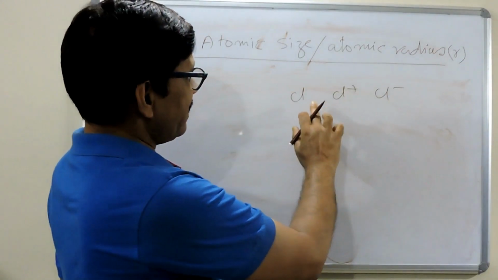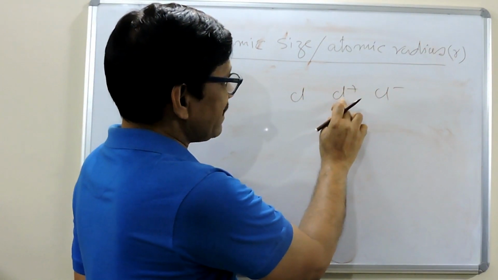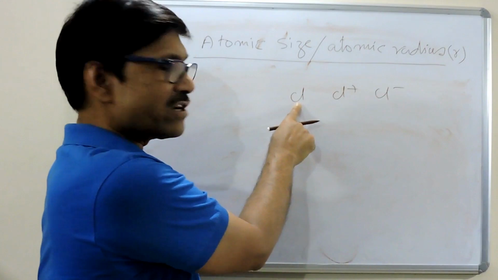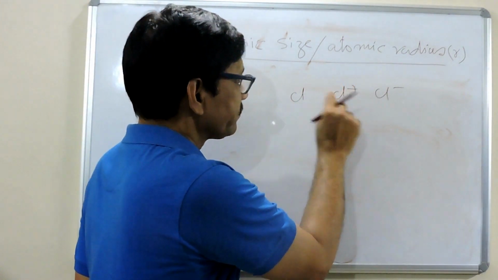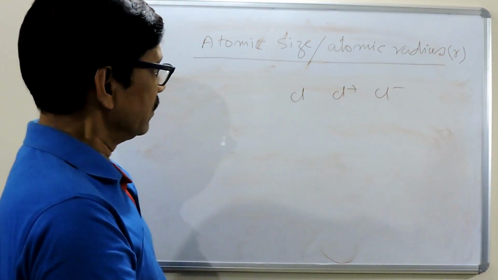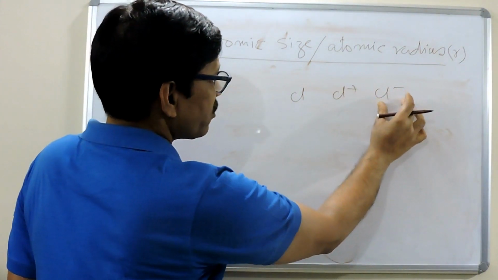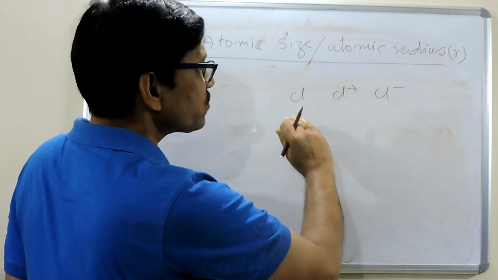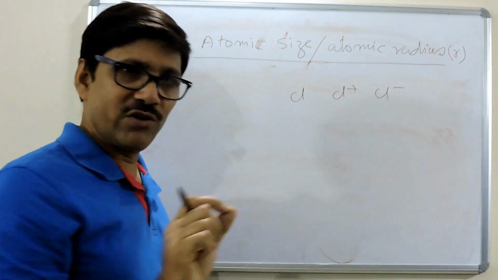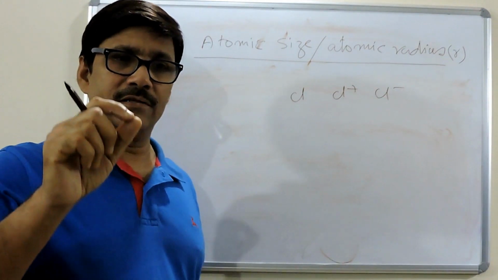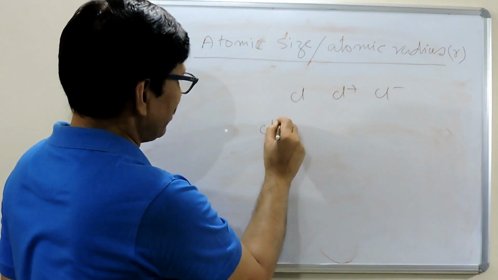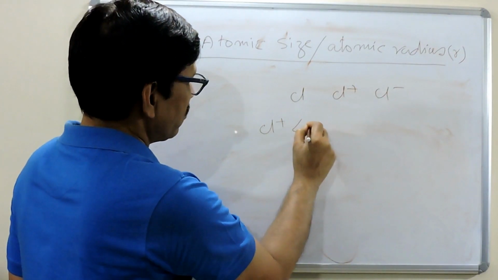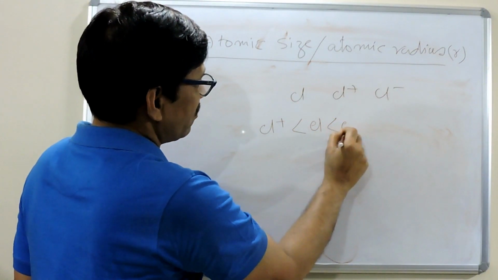I have said the cations are smaller than the neutral atom and anions are larger than the neutral atom. So if you are asked to arrange in increasing order, first you write the smallest: Cl plus, then chlorine atom, and then chloride ion.